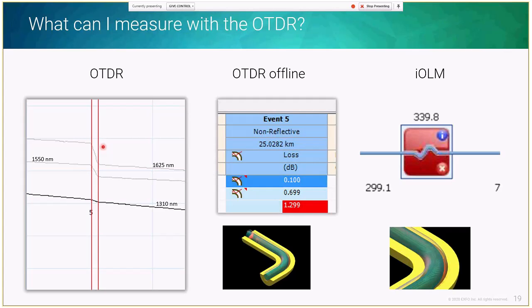So what can we see from here? We can see that our network today works at 1310 and 1490, so it will be below 1550. Tomorrow, if you're going to go for even 10 gig, which is just around the corner, XGS-PON, we're going to go for 1570, so we will be higher here.